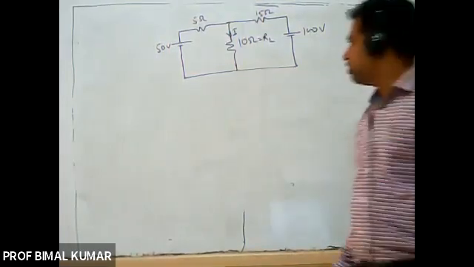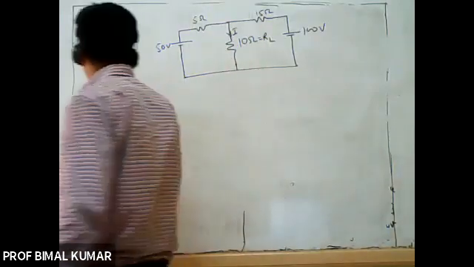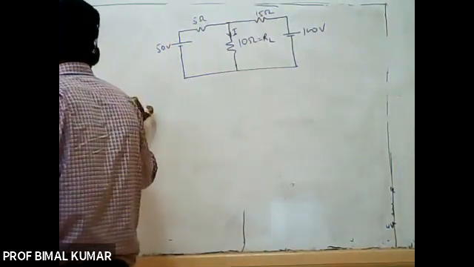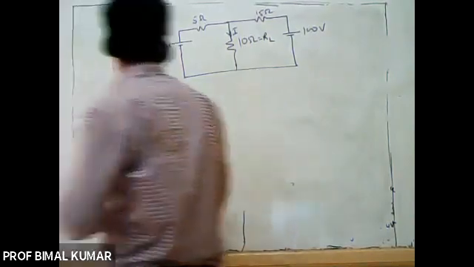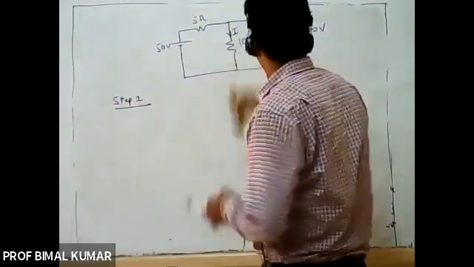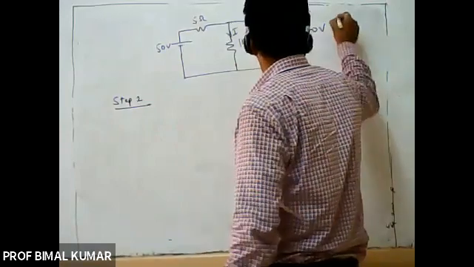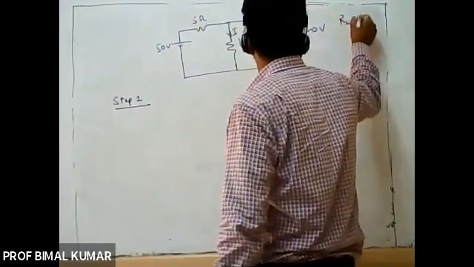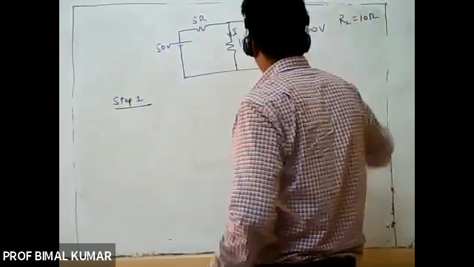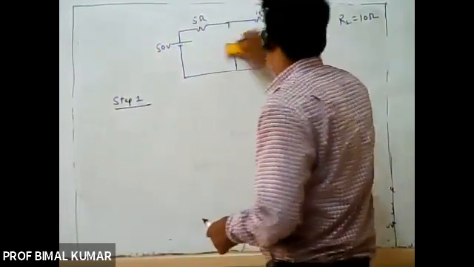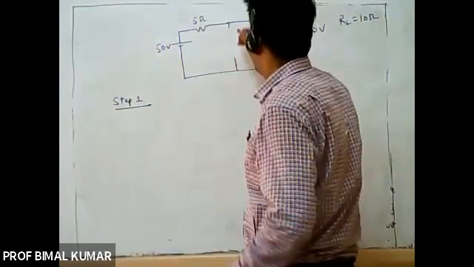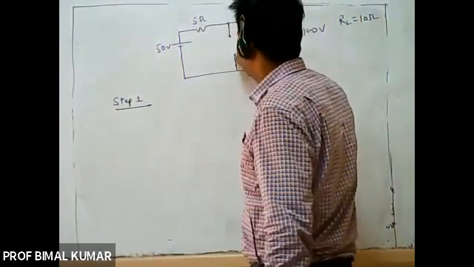So step one, remove the load resistance. So here, first of all, this thing must be noted that RL is equal to 10 ohm, right? So remove the load resistance. After removing this is your network.